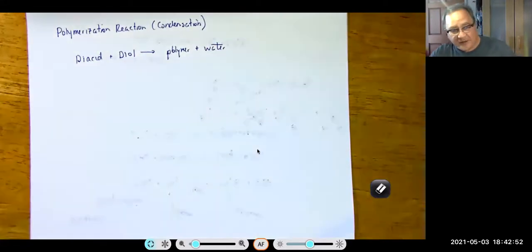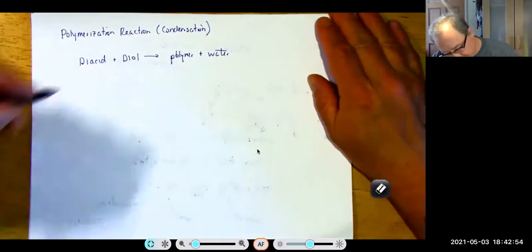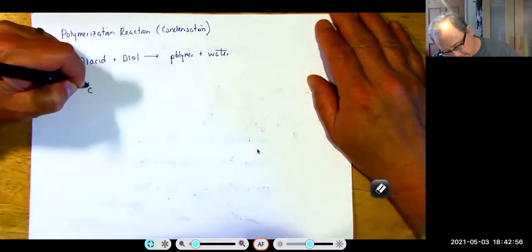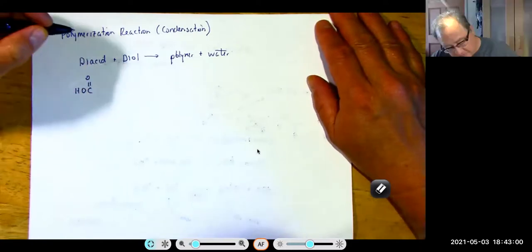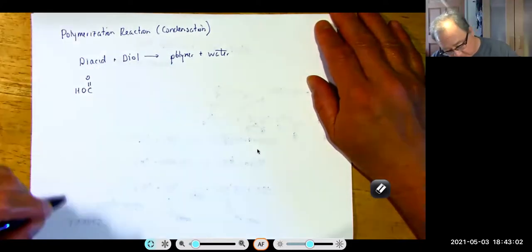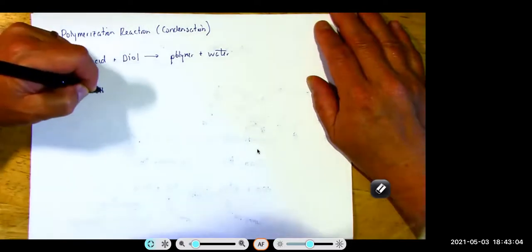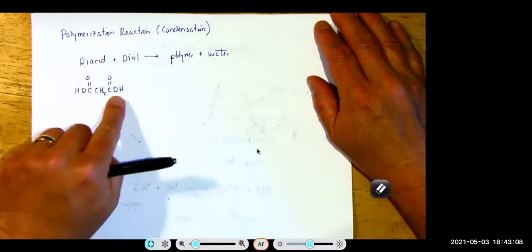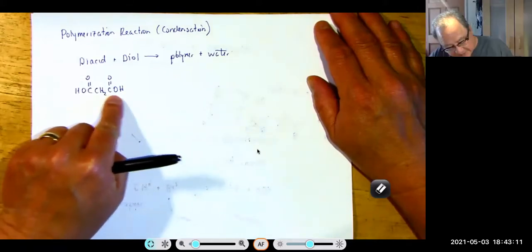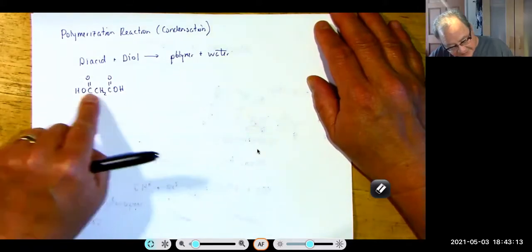So I'm going to show you a very simple diacid. So is that an acid and an alcohol then? Yeah, but a diacid, so two. And two is where there are two acid groups on it? Do you see that's an acid? Uh-huh. Do you see that's an acid?